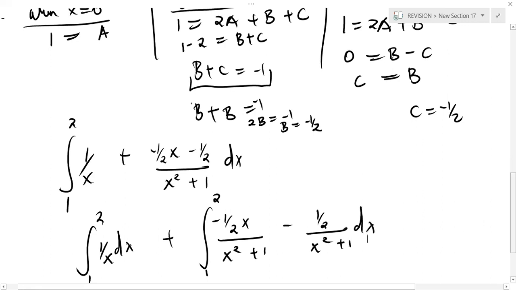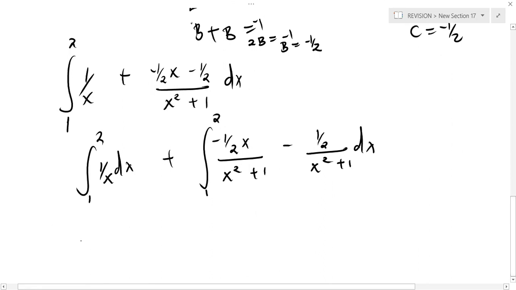For the first part, integrating 1 over x, we simply get ln x, with the range from 1 to 2. Here, if we integrate this, it is going to give us a logarithmic function, since if we differentiate x squared plus 1, we should get 2x. However, here we have minus a half. So in order to get a perfect ln, we can remove the minus a half out there and introduce 2 and remove it at the same time.